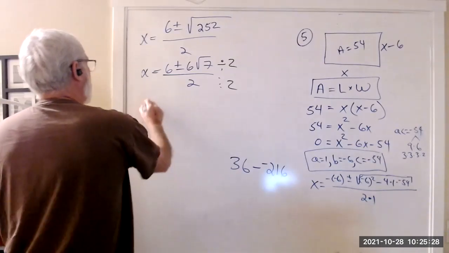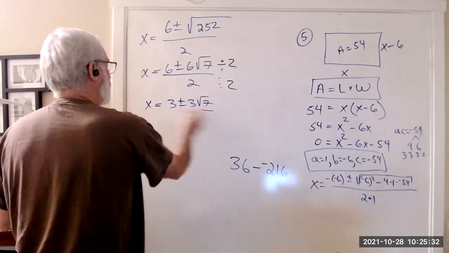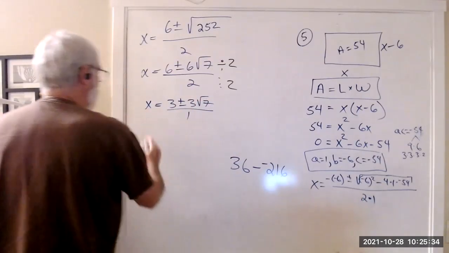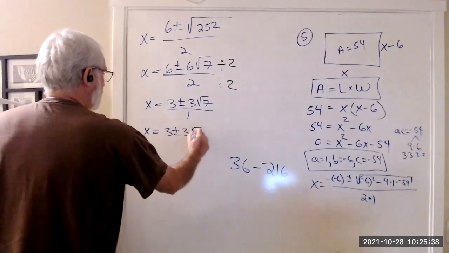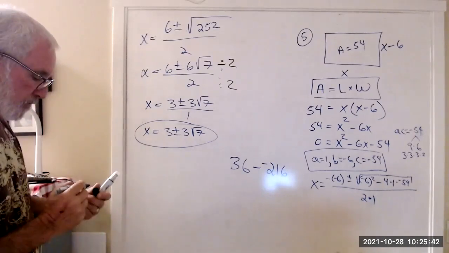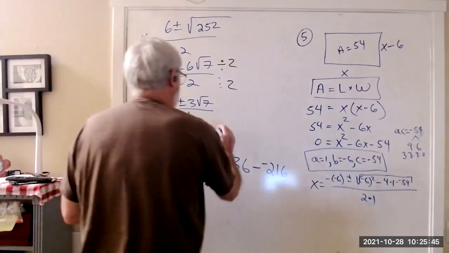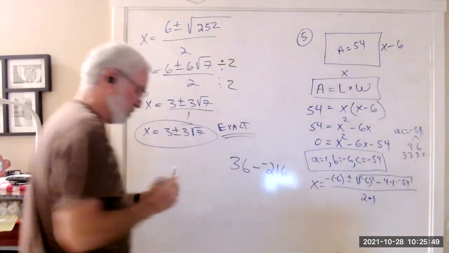That gives me x equals 3 plus or minus 3 radical 7 over 1. I don't need the 1 anymore. Okay, now hang on. We're going to have an issue here. These are my exact answers.